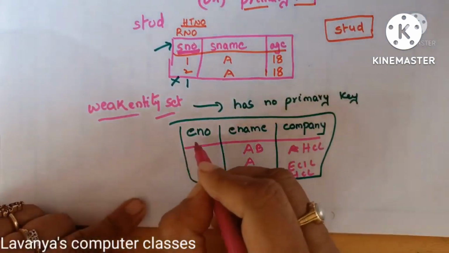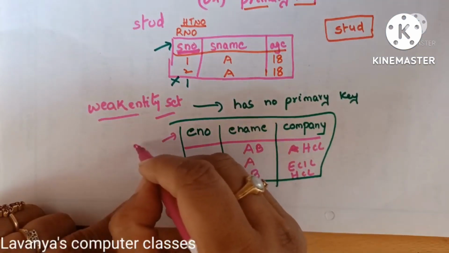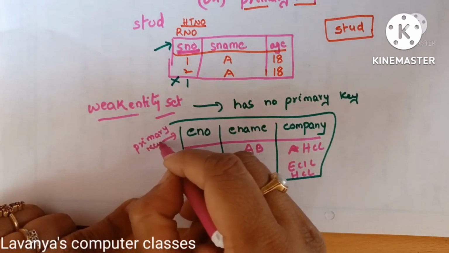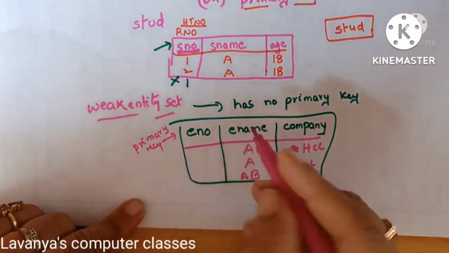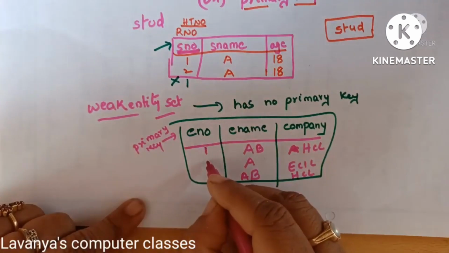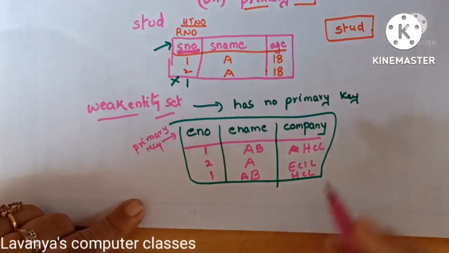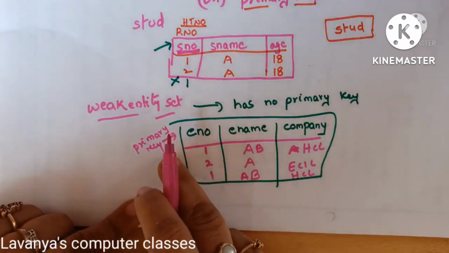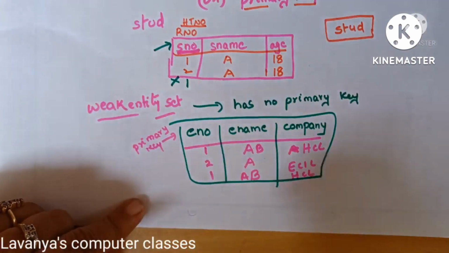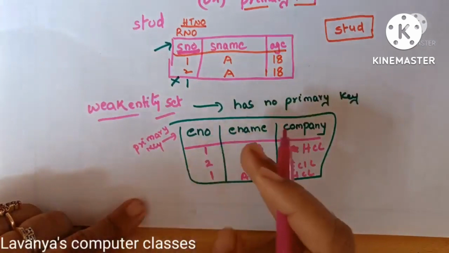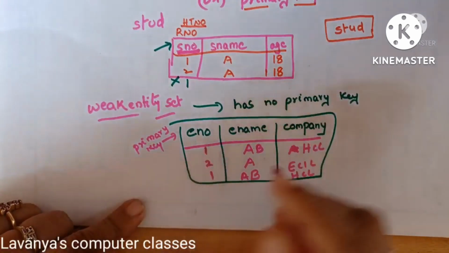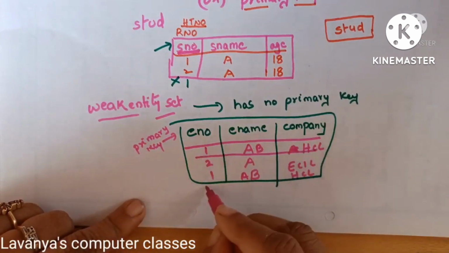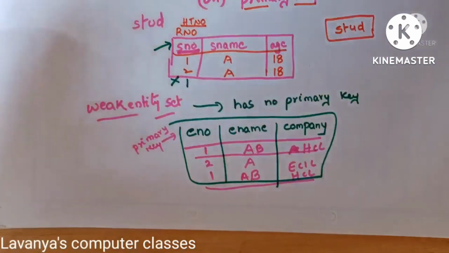But if you do not mention it as a primary key, there is no primary key concept, so employee number is like a normal attribute. Whatever values are entered, they are accepted. So here 1 AB HCL and 1 AB HCL are both accepted, because you did not specify the primary key. Primary key is not there, so duplicate, repeated values are accepted. Here the first row and third row are the same.